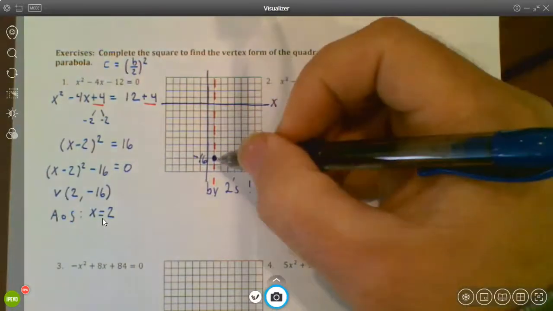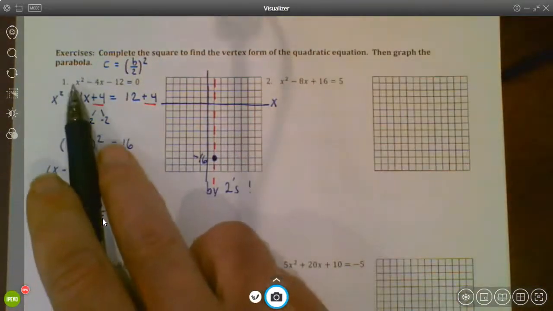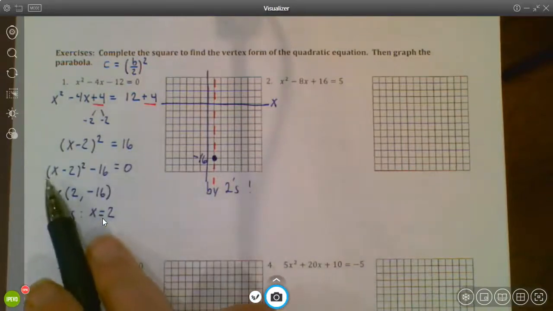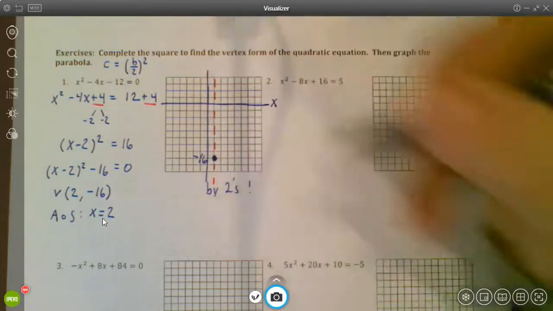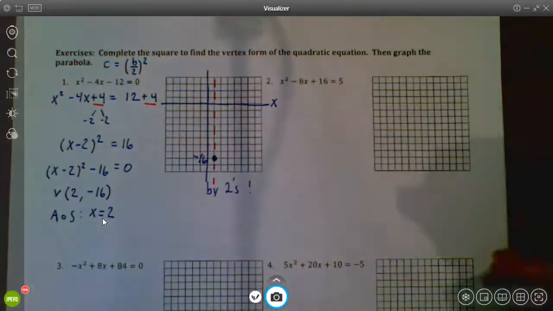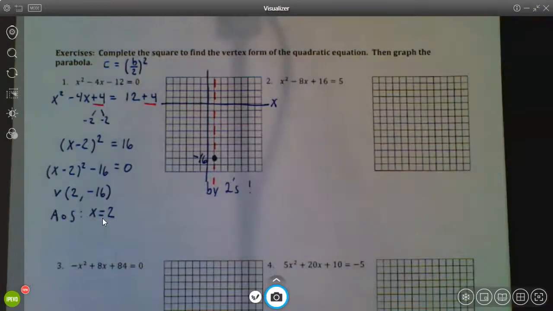So if I see that my graph is going to open upward because my a value is positive, instead of just sketching the curve, which really isn't very accurate, I mean, it's going to go the right direction, but we really don't know how wide or how narrow this curve should go. So what we're going to do is pick a couple other points to plug in for x in order to determine what the y coordinates are.